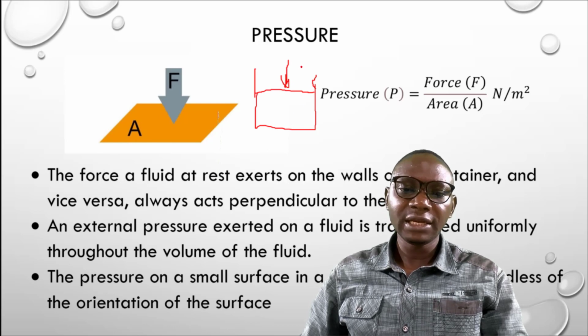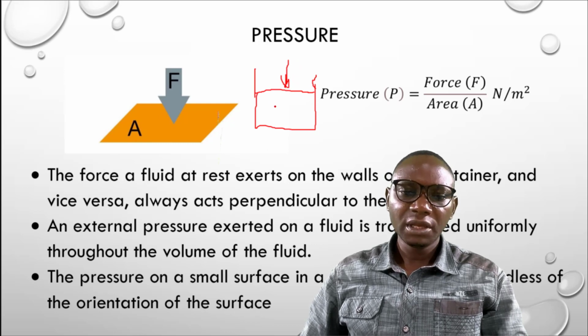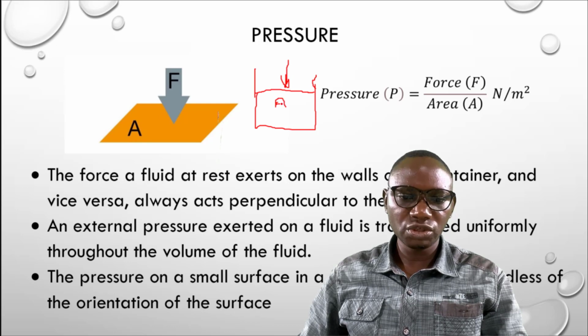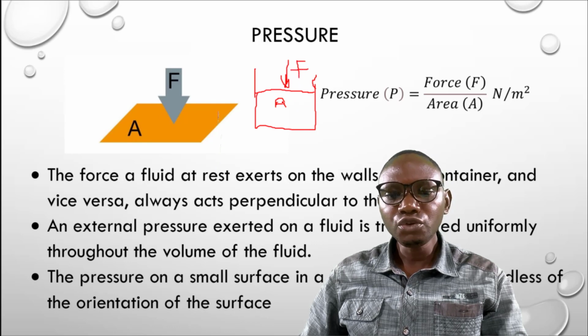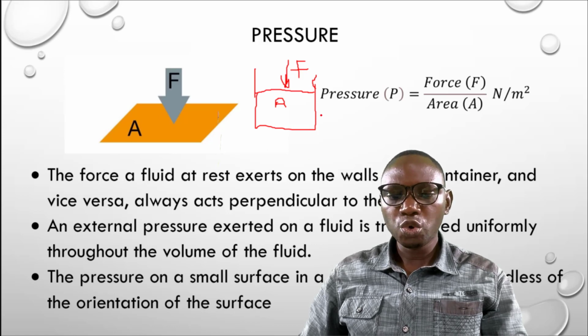There is a force applied at the surface of the water, and this is the area of the container, so to say. So pressure is the ratio of this force to the area on which it is applied. That is what pressure is about.